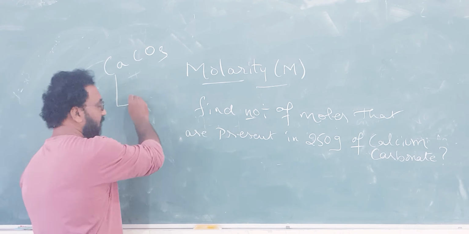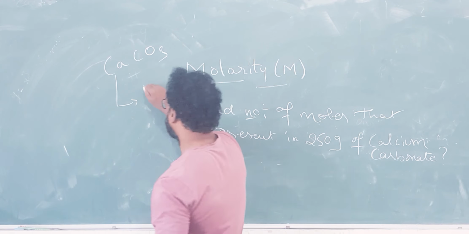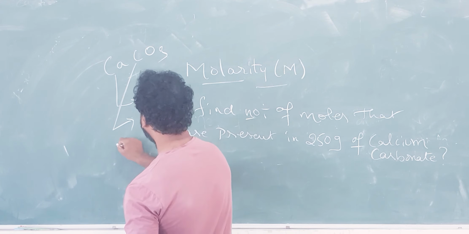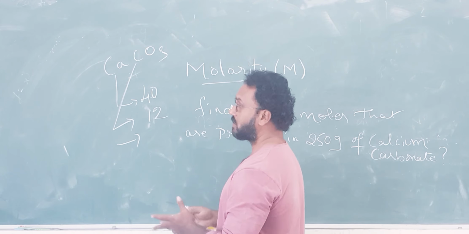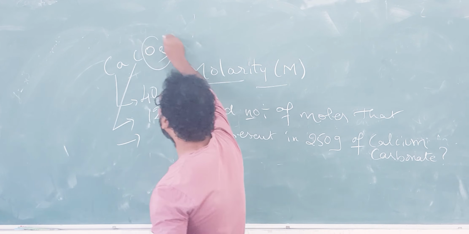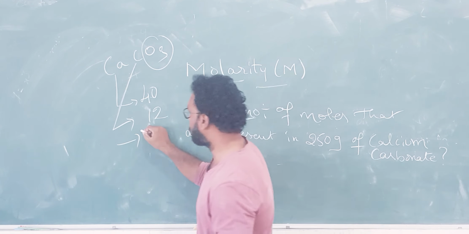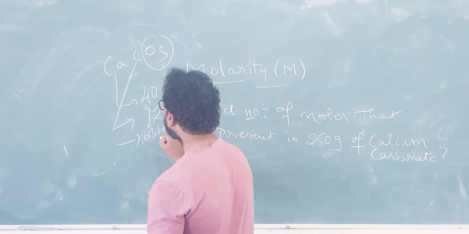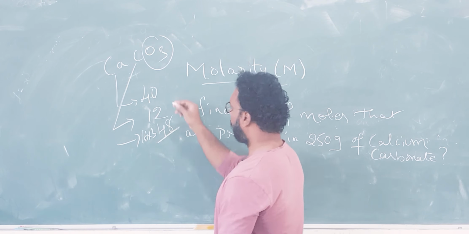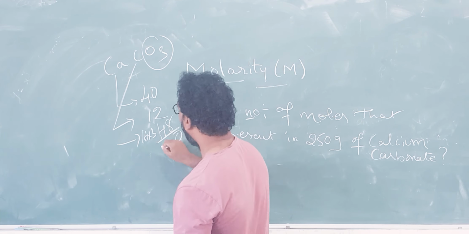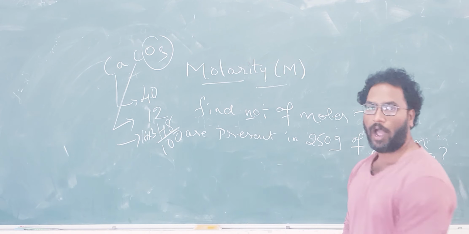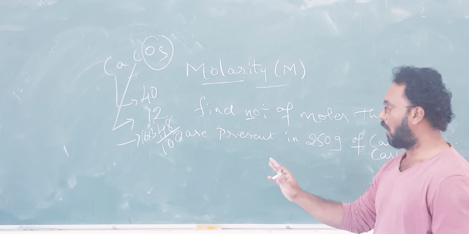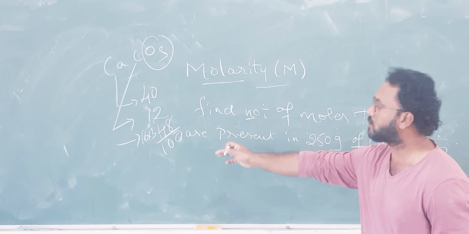The atomic mass of calcium is 40, carbon is 12, and oxygen is 16, and here we have 3 oxygen atoms, so 16 into 3 is 48. Summing this up, we get 100. So the molecular mass of calcium carbonate is 100 grams.